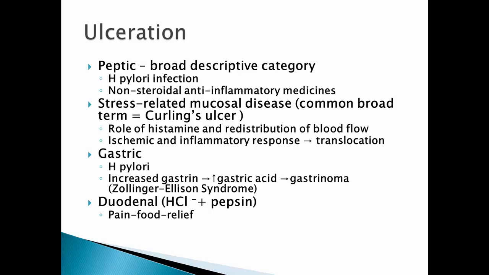Because of the ischemia and the inflammation, that breaks down the mucosal barrier, and with the breakdown of the mucosal barrier, bacteria translocate from the intestinal lumen into the circulation. If that happens, then what can the patient potentially develop? Sepsis. Good.